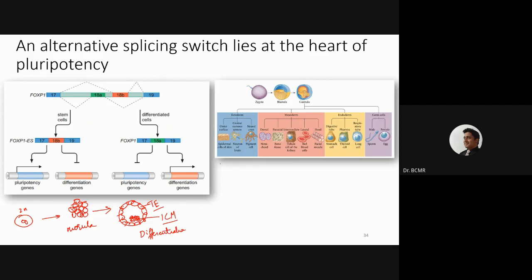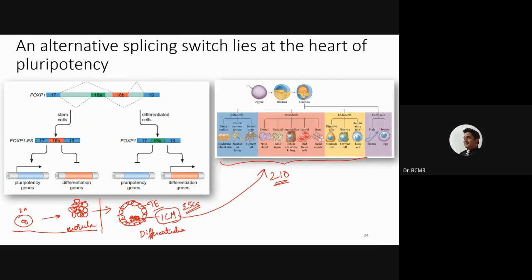All these cells you see are highly differentiated. From the zygote till the morula, you call it undifferentiated. All our cells in our body come from the ICM, the inner cell mass. We have about 210 different cell types, and the ICM is the source for embryonic stem cells as well.